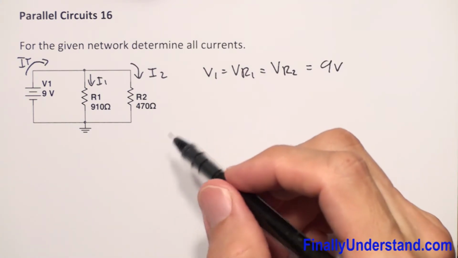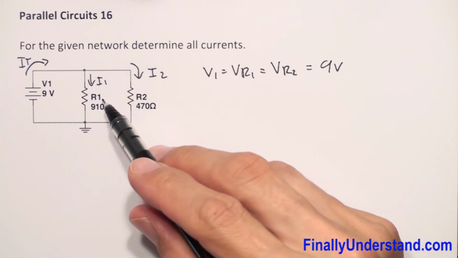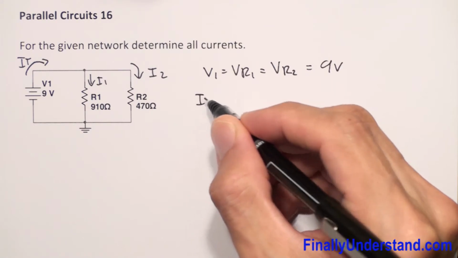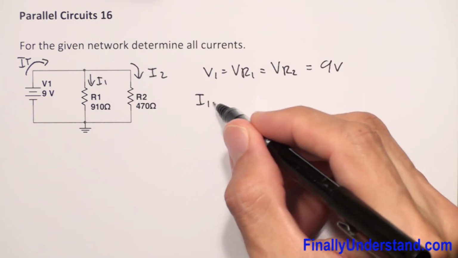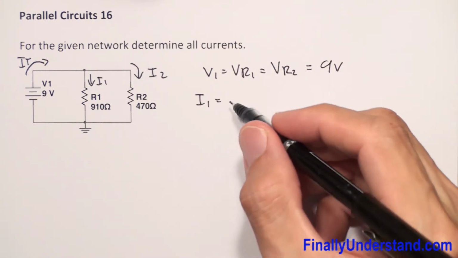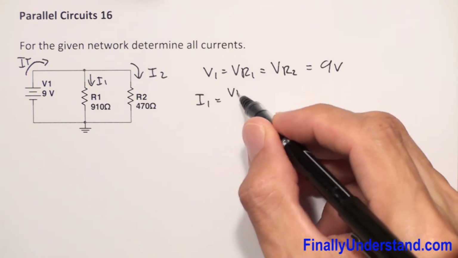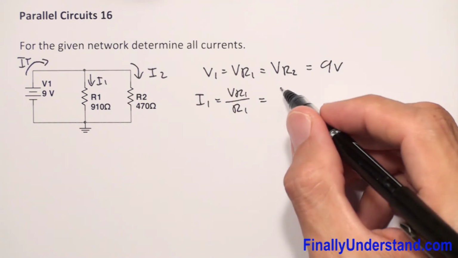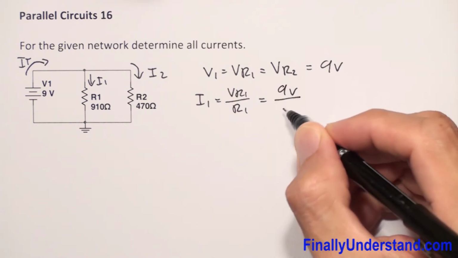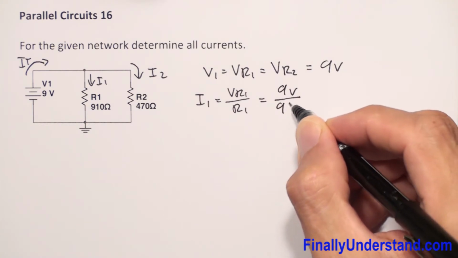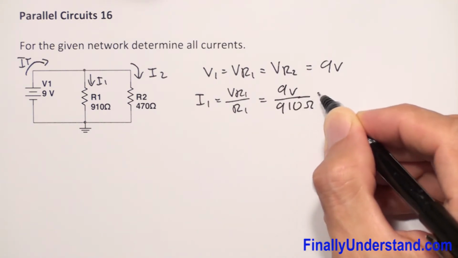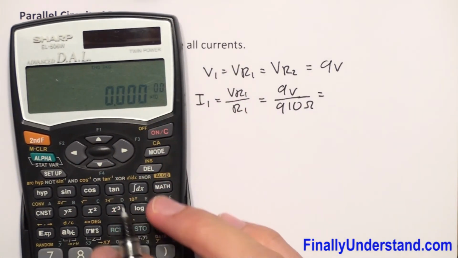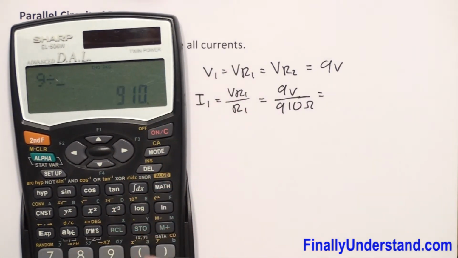If you want to find the current which goes through resistor R1, simply use Ohm's law. I1 is equal to VR1 over R1. VR1 is equal to 9 volts over 910 ohms. On the calculator, 9 divided by 910.